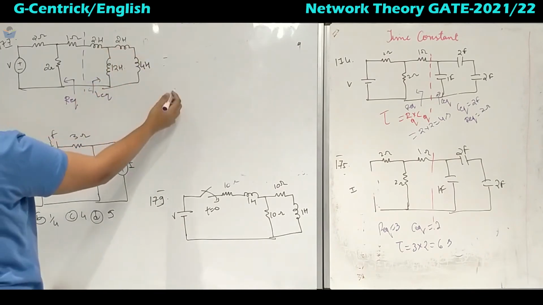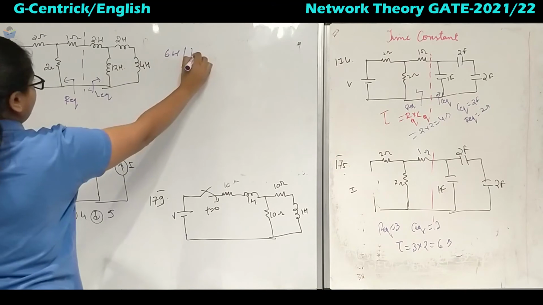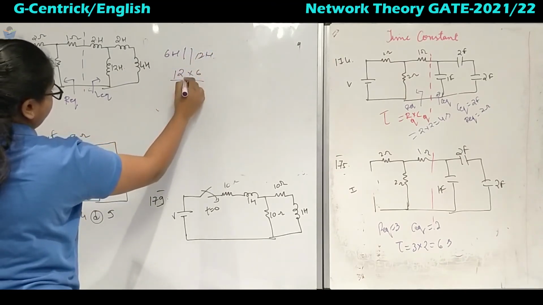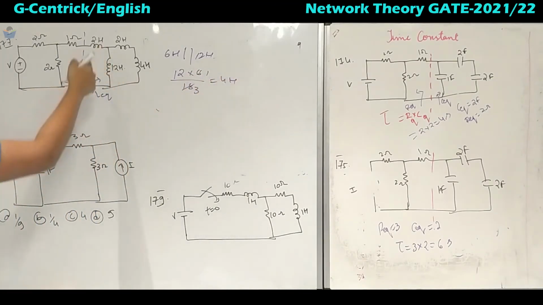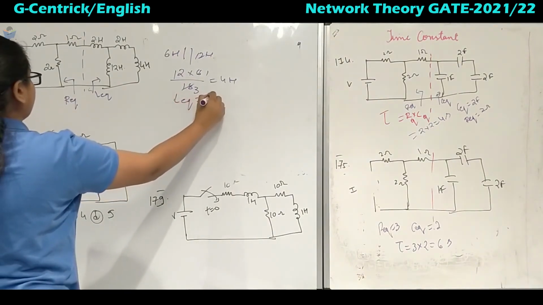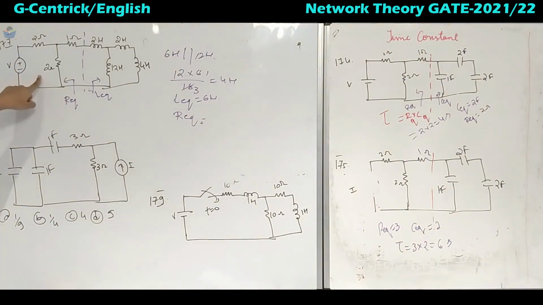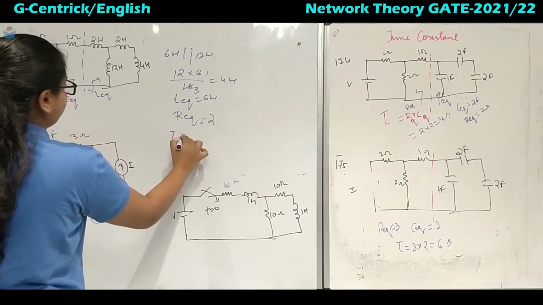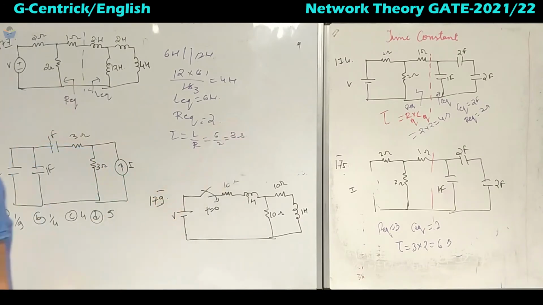These two are in parallel, so 6 henry is in parallel with 12 henry. 12 into 6 by 18 gives 4 henry. Then 4 henry in series with 2 henry, so L equivalent is equal to 6 henry. Coming to R equivalent, it will be 1 plus 1 is 2. So our tau will be L by R equivalent, 6 by 2, which is 3 seconds.